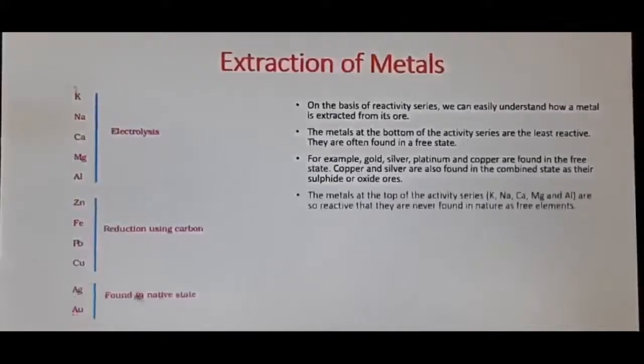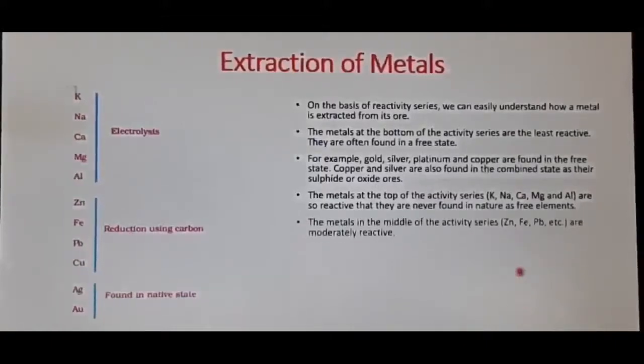But the elements in the first category and the middle one, which are highly reactive metals and moderately reactive metals, do not occur in the free state; they occur in the form of their sulfides and carbonates. Then their sulfides and carbonates are converted into their oxides, and from the oxide the metal can be extracted. We'll understand how.